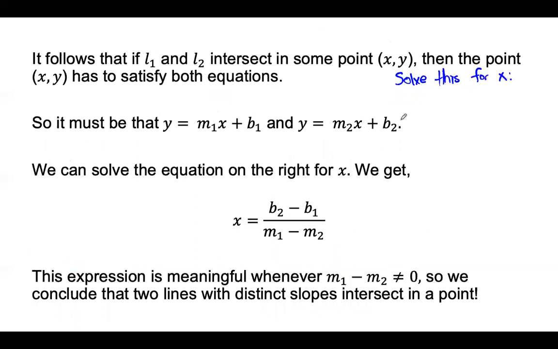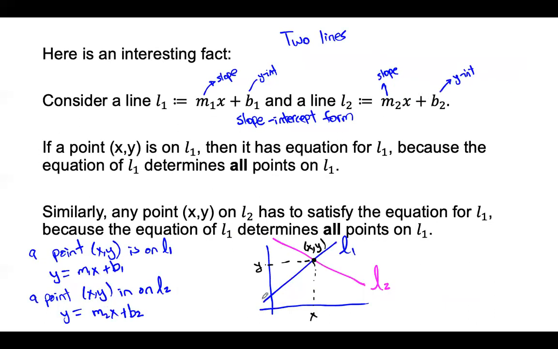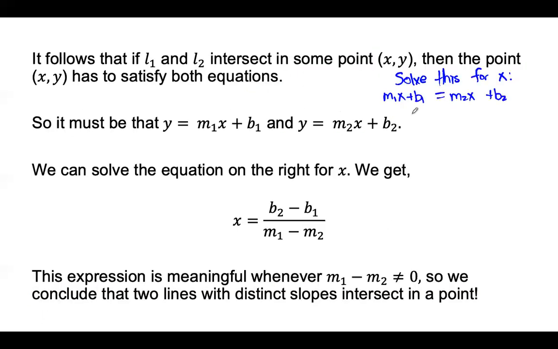So how do we do that? Well, we equate y equals y, and we solve. So I'll write it over here. We have m1 times x plus b1 equals m2 times x plus b2, because that's what we're solving for. Back here, we have this line, and the y's will equal each other.